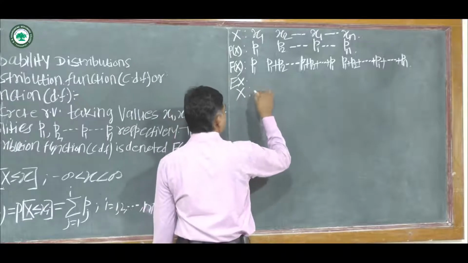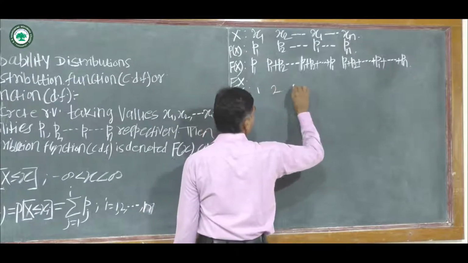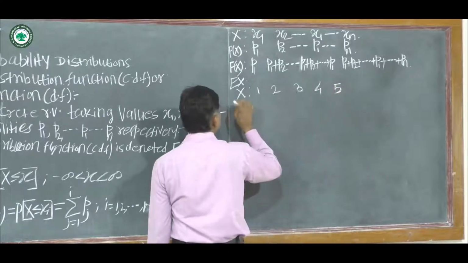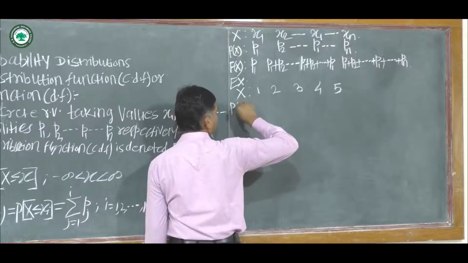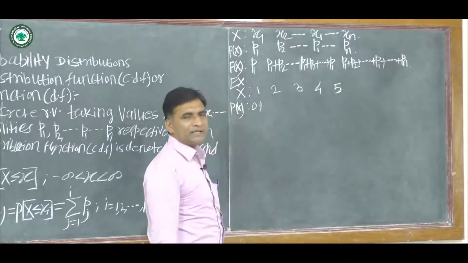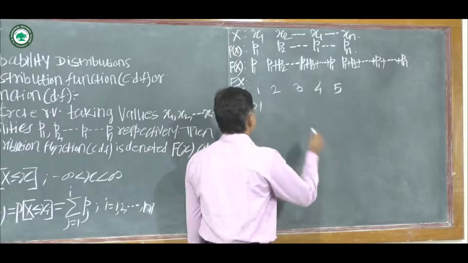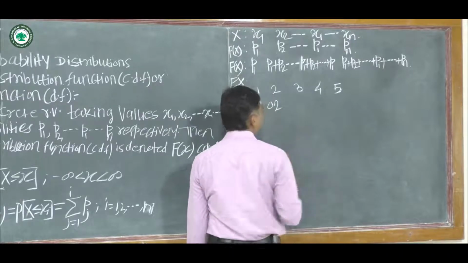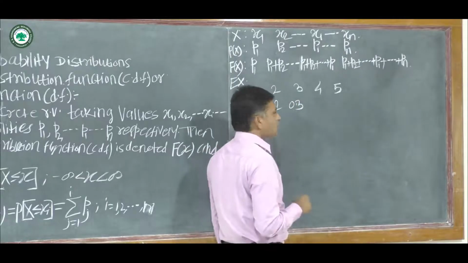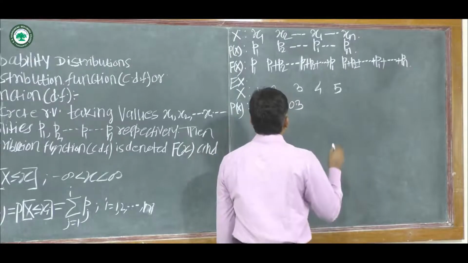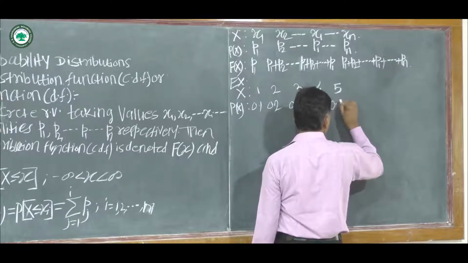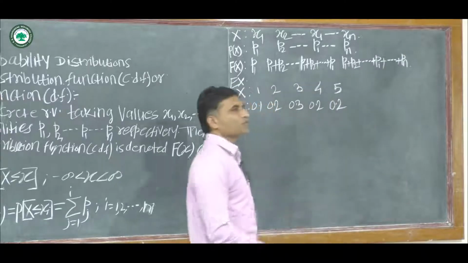The random variable x takes values 1, 2, 3, 4, 5 with corresponding probabilities p of x: at x equal to 1, probability 0.1, at x equal to 2, probability 0.2, at x equal to 3, probability 0.3, at x equal to 4, probability is 0.2, and at x equal to 5 the probability is 0.2.